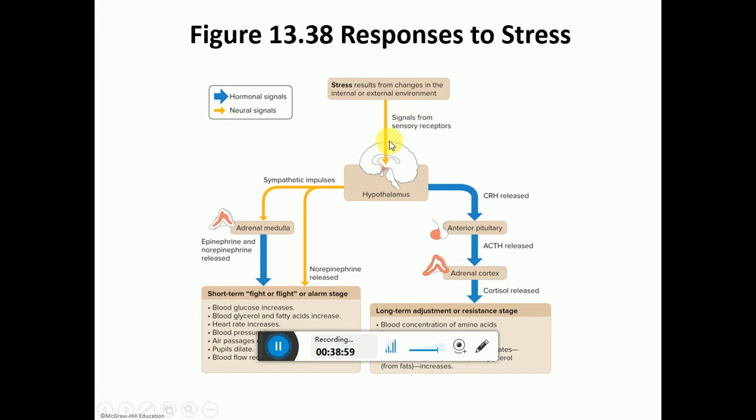You've got all of the stressors that are affecting the hypothalamus. If it is an acute, short-term stress, it'll stimulate the adrenal medulla to make epinephrine and norepinephrine, leading to this short-term fight or flight situation with temporary changes in the body. While if the adrenal cortex is stimulated by chronic stressors, that can lead to long-term effects on the body.